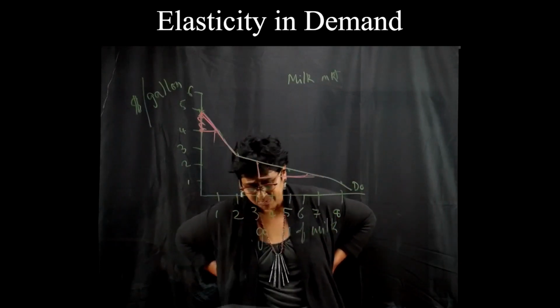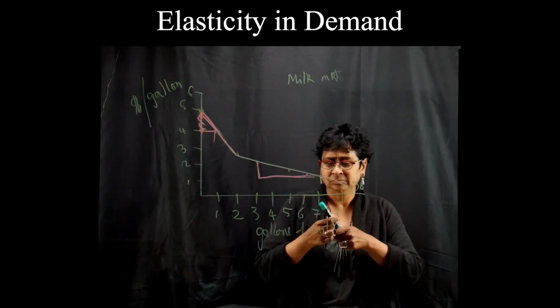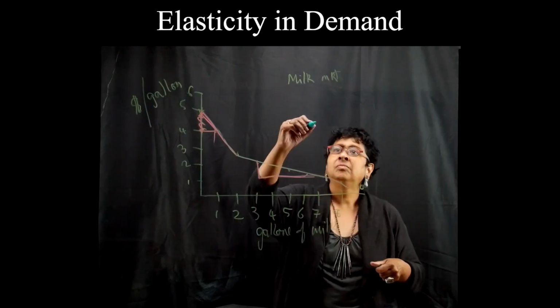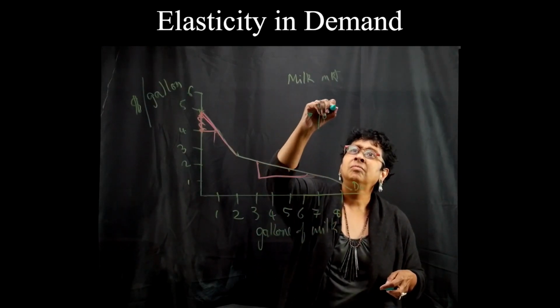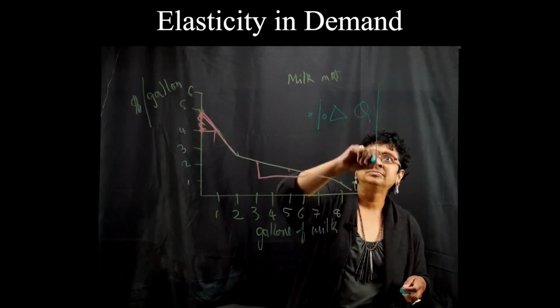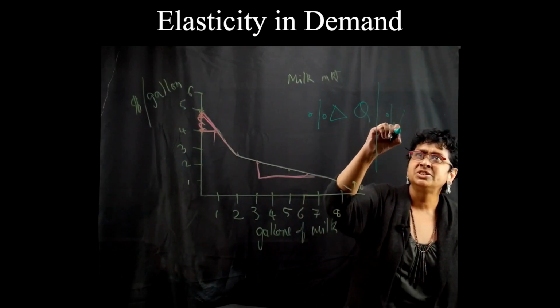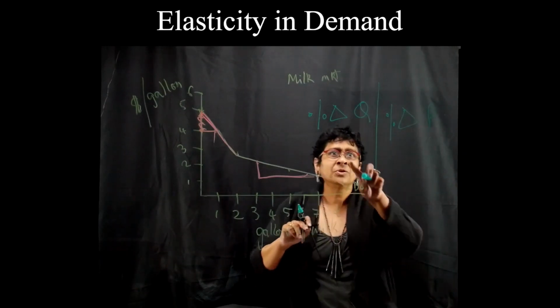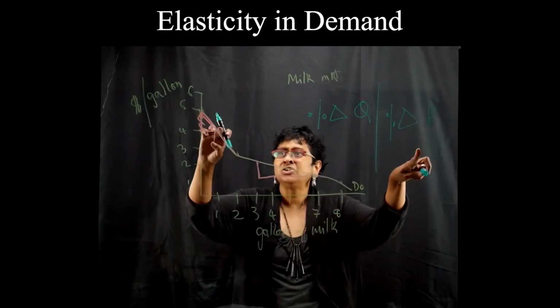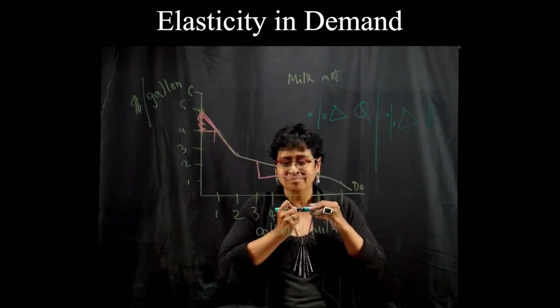We measure this by looking at the percentage change in Q, that delta sign being change in quantity, in relation to the percentage change in P. So in order to figure out elasticity, I need to know where I'm starting from, and I need to know the level of change I'm making.